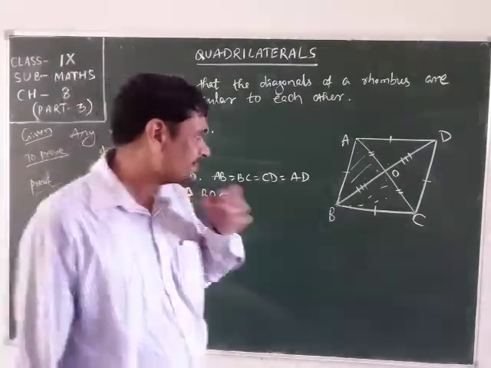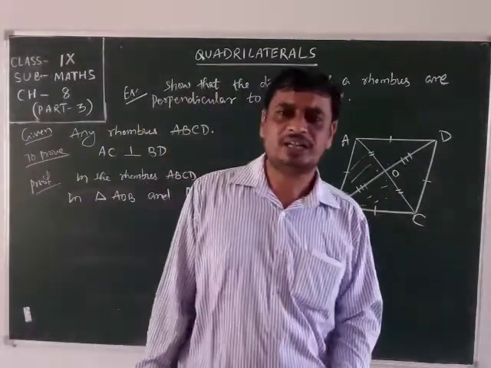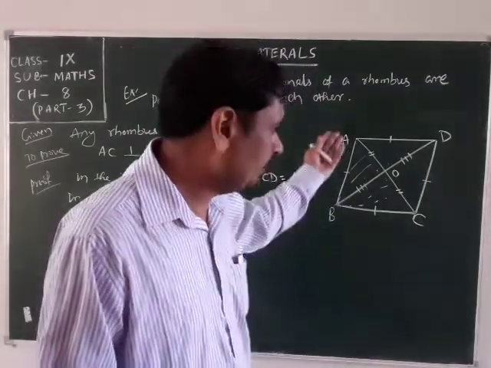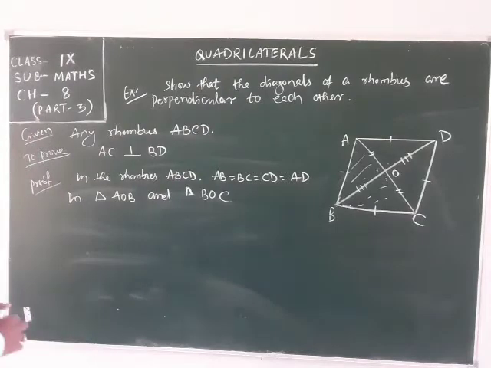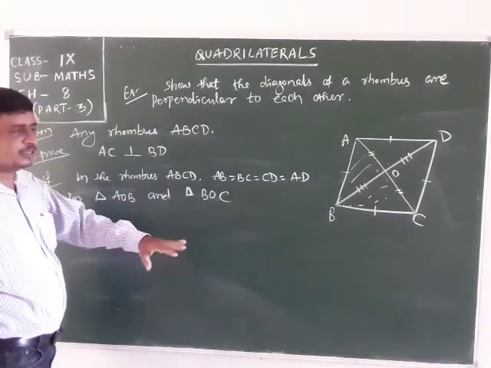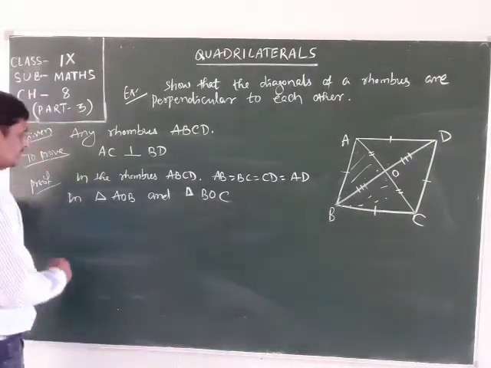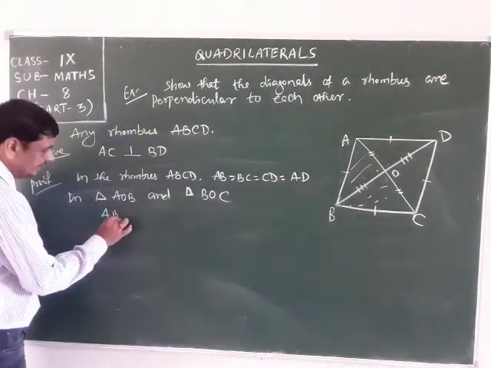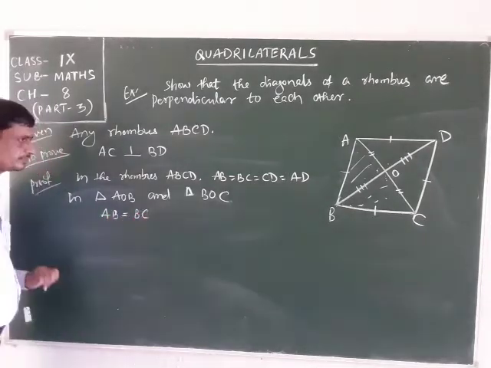Which parts are equal? How can we make them congruent? What rule do we follow to make them congruent? We need data that satisfies one of the congruency rules. In triangle AOB and triangle BOC, AB is equal to BC.